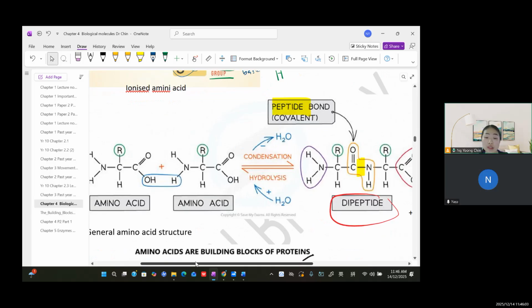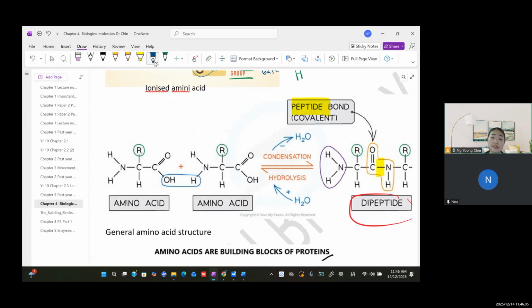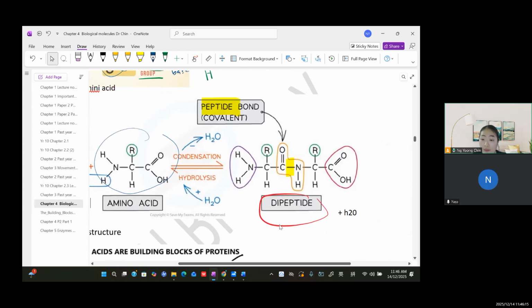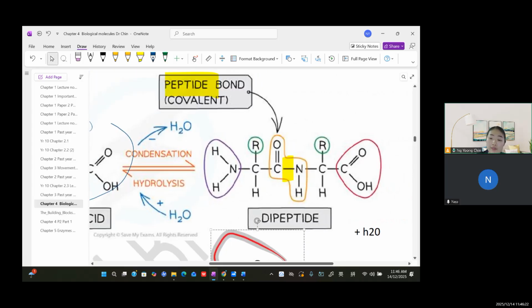So actually there will be two monomers. Here and here, you have two monomers, the amino acids. They just join together, and they become a dipeptide. So here is a dipeptide, okay? Here is the bond of the dipeptide like this.